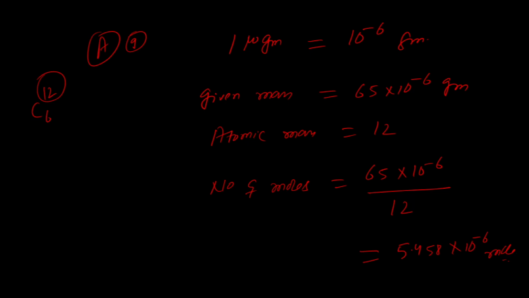Now sometimes they can ask you some different type of question. So what different type of question can they ask you? Have a look here. Suppose here the question: arrange the following in order of their increasing masses in gram.